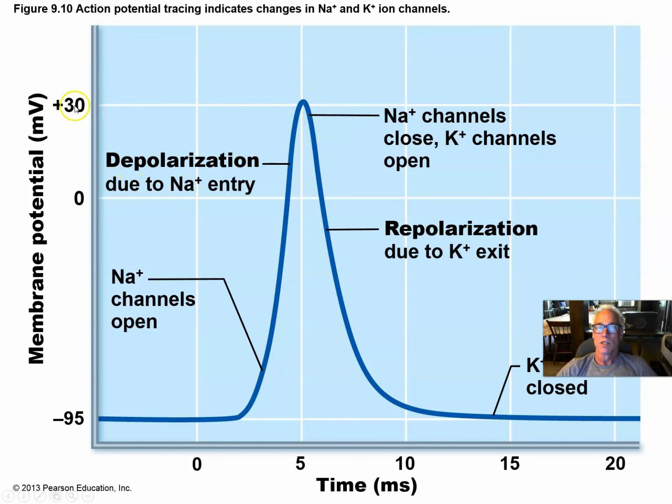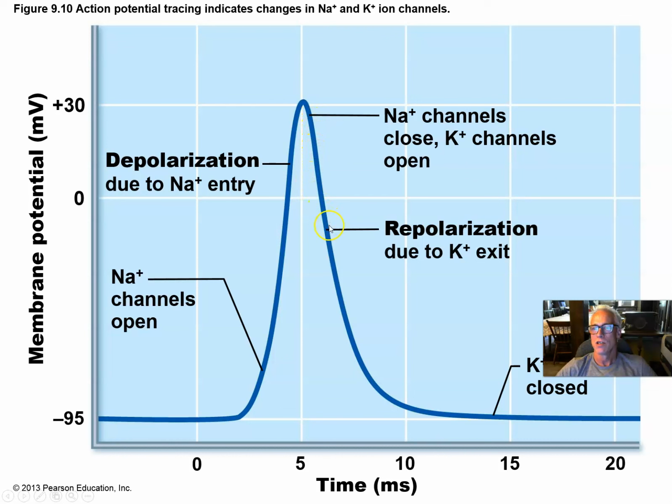It could reach as much as plus 30 millivolts momentarily at that point, and then the sodium channels will inactivate, no longer let sodium ions in, and potassium channels, the so-called slow potassium channels, responding to the same initial depolarization down here from the neuromuscular junction or from a neighboring sodium channel, begin to open and let potassium ions out.